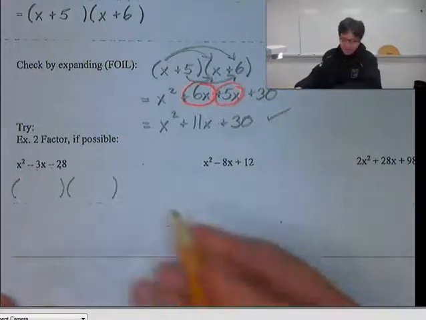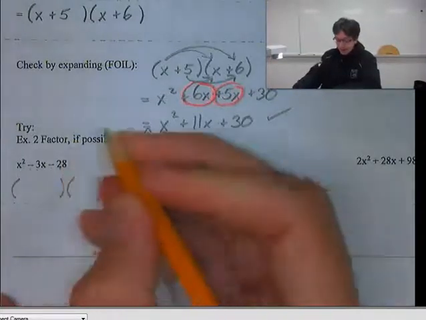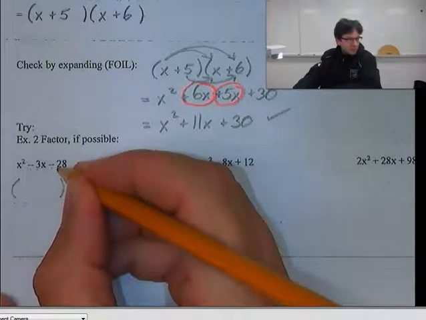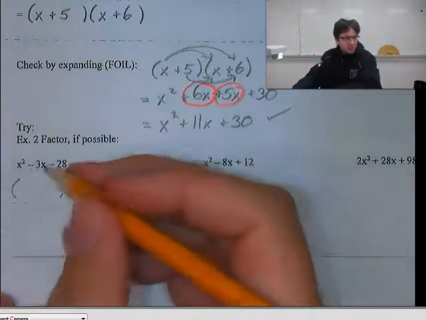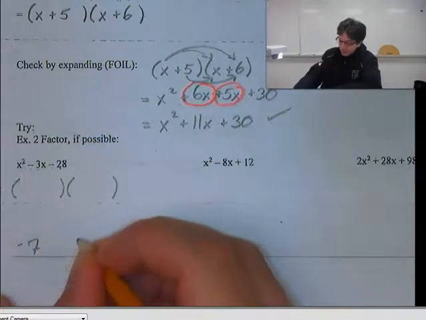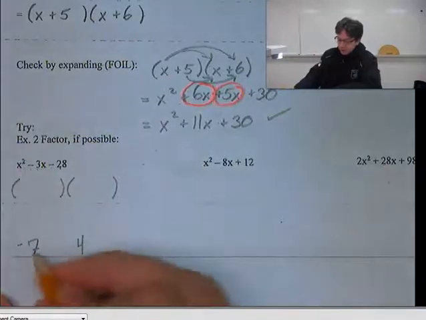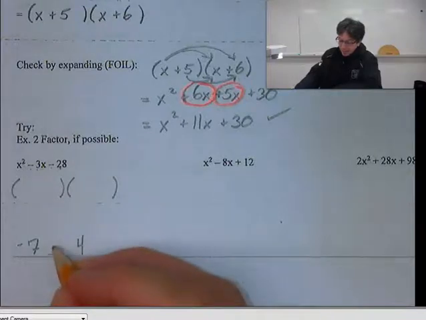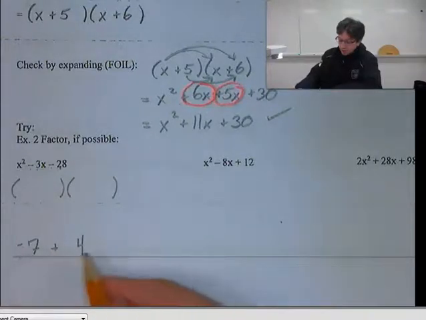So in this case, you can try a couple, maybe 4 times 7. One of them needs to be negative. Let's make the bigger one negative. So negative 7, let's just write this down here, negative 7 and 4. They multiply to give you negative 28. Okay, but when you add them, you get negative 3.